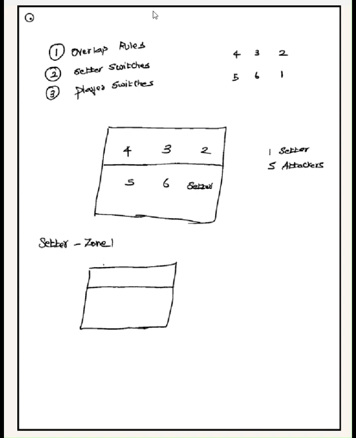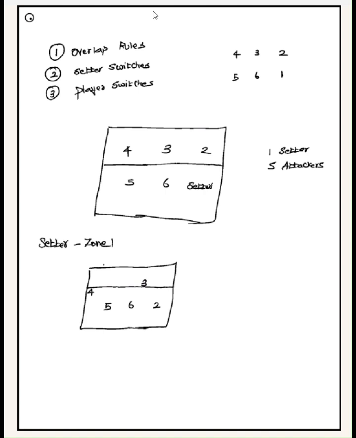Okay, we will see how to achieve that. Number 2 should be here, number 6 should be here, number 5 should be here, number 4 should be here, 3 can be here.